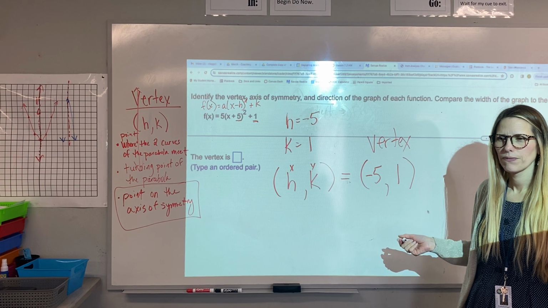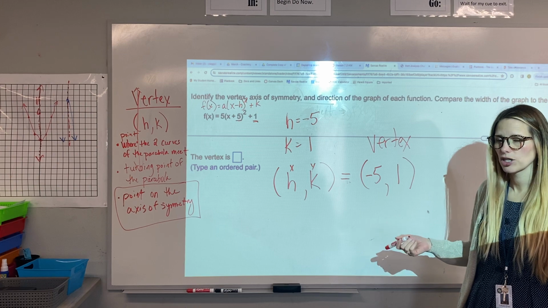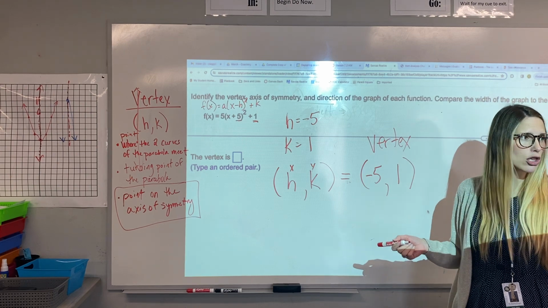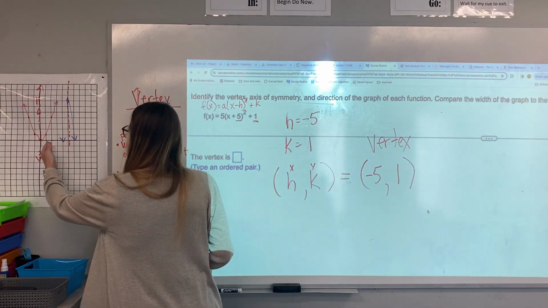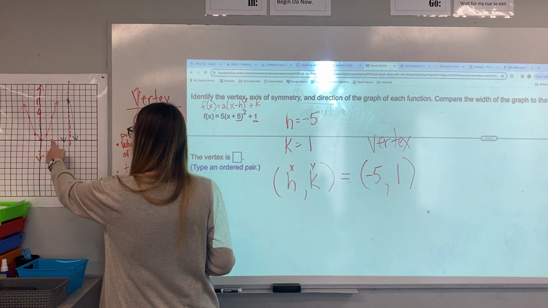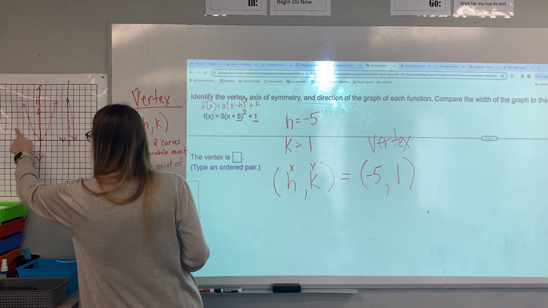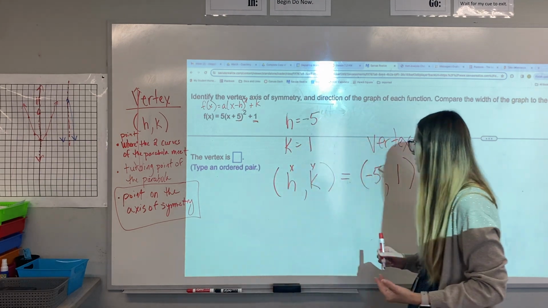The axis of symmetry for a quadratic function, a parabola, is always going to be along the x-axis. When it's right here, it's x equals 0. If it's right here, it's x equals 2. If it's right here, it's x equals 10. If it's right here, it's x equals -9.